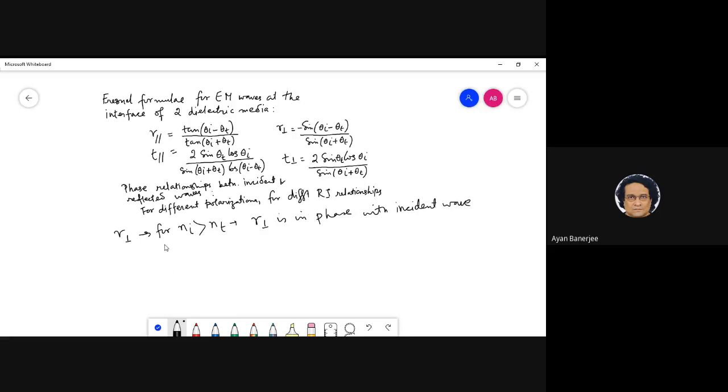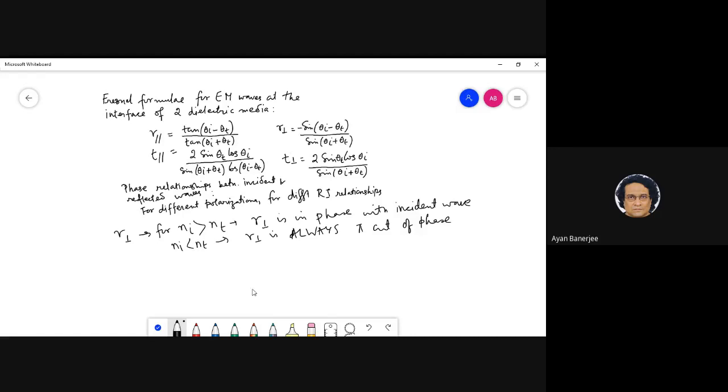And whenever Ni is less than Nt, then R perpendicular is always pi out of phase. Is this clear? Correct? Because that is always negative, and there is no interesting phenomenon.